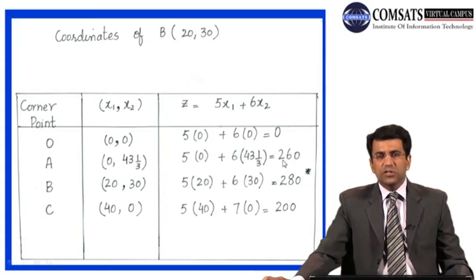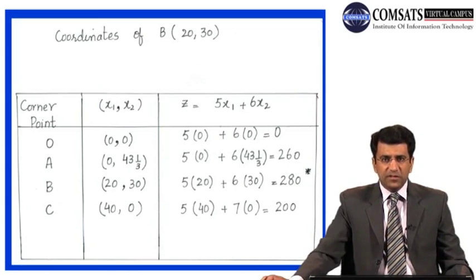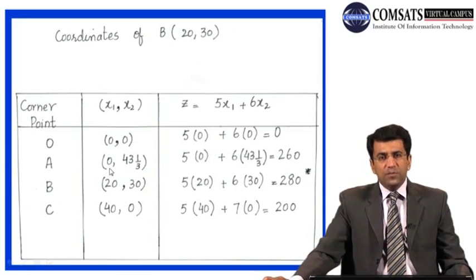to 260. Now what is meant by this particular calculation? It means that if we do not produce the product x1, that may be any product, hypothetical product here in this case, if we don't produce that product x1 and we only produce the product x2 equal to 43.3.